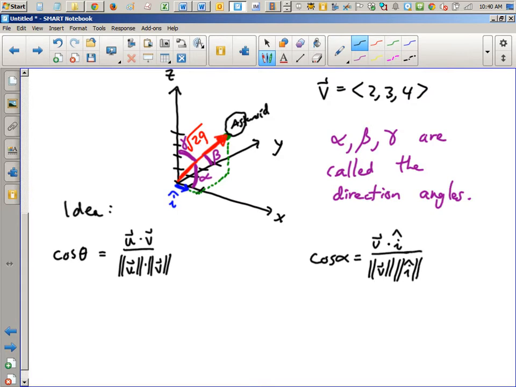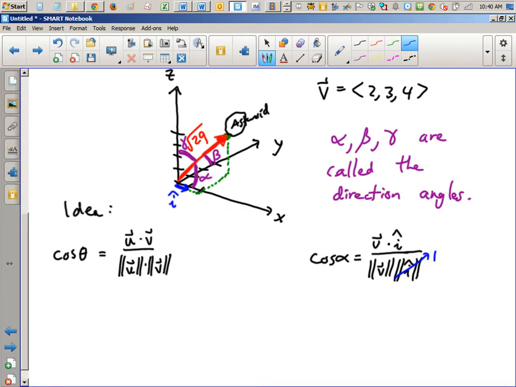I'm just applying this same idea to the red vector and the x-axis. For the x-axis, I'm going to call that i hat. Same thing as x-axis, right? It's a unit vector anyway. And what is the magnitude of i hat? How long is it? The magnitude's 1, right? It's a unit vector, so this length is 1.